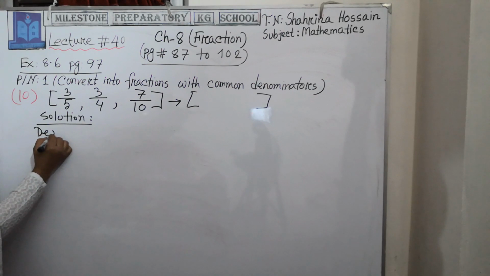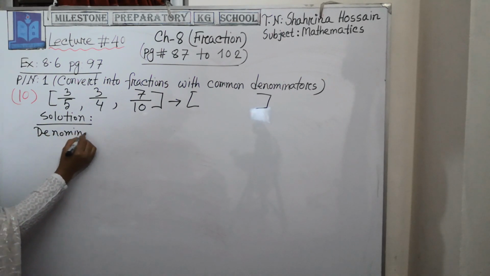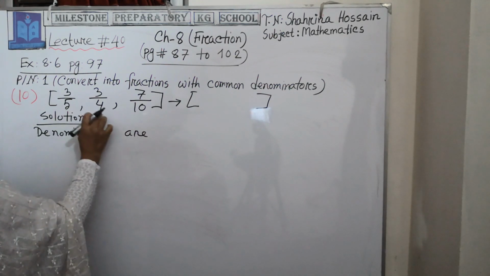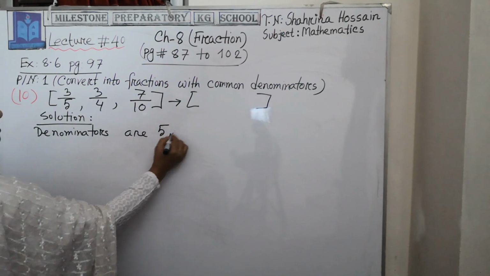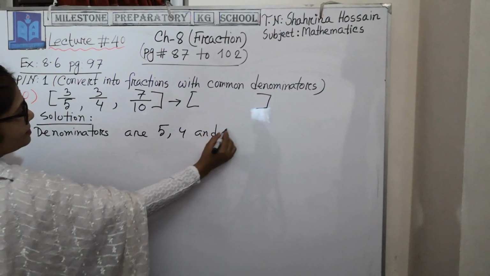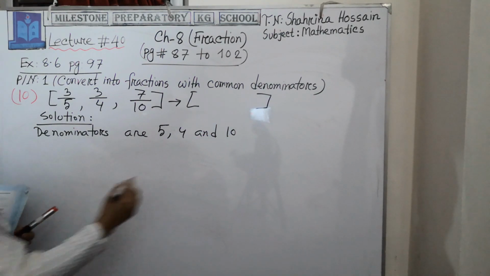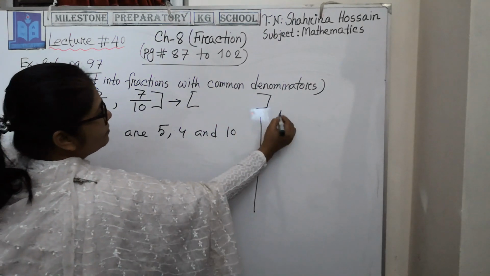Denominators are 5, 4, 10. 5, 4 and at last 10. Now we will find the LCM. Here we can do the rough.